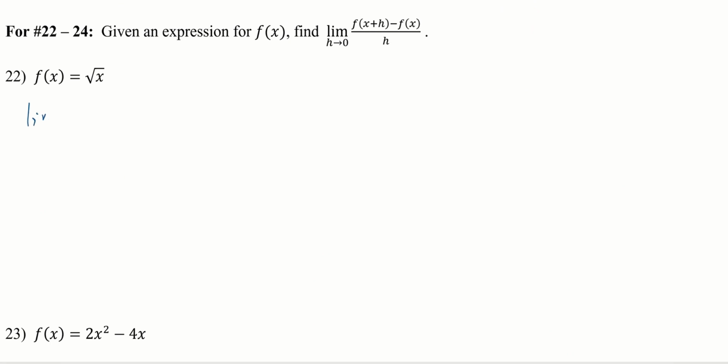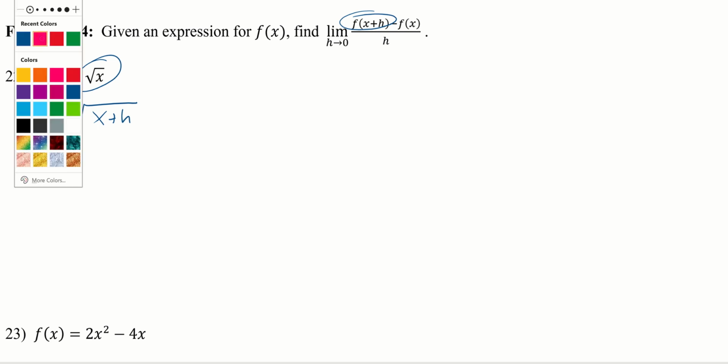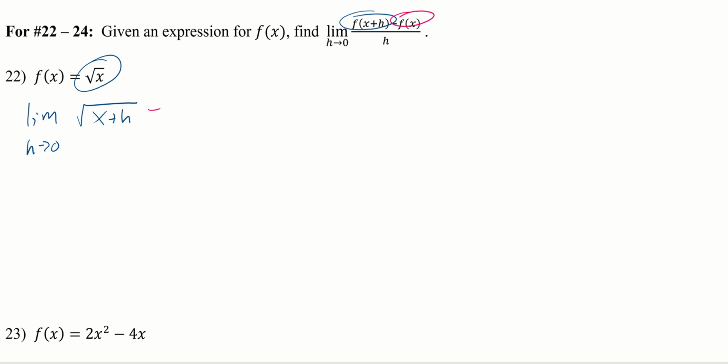So we're going to do the limit as h approaches 0. Plug this into this equation here. So I've got square root of x plus h. And then what I'm going to do is the minus f of x. So minus f of x. And this is all over h.